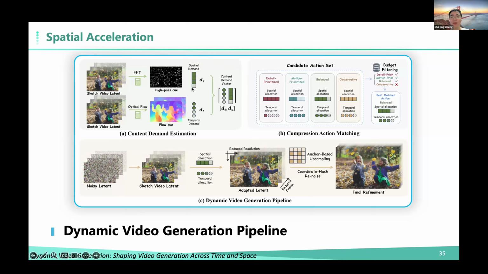For example, for this video, maybe it needs a balanced compression method. During inference, after we generate the sketch video latent and find its best action, we compress the video with a reduced resolution and a reduced frame rate. After this generation, we upsample it to the full resolution and the full frame rate for fine-grained detail generation.